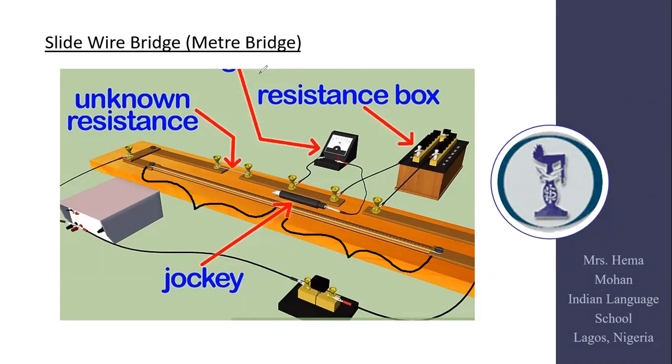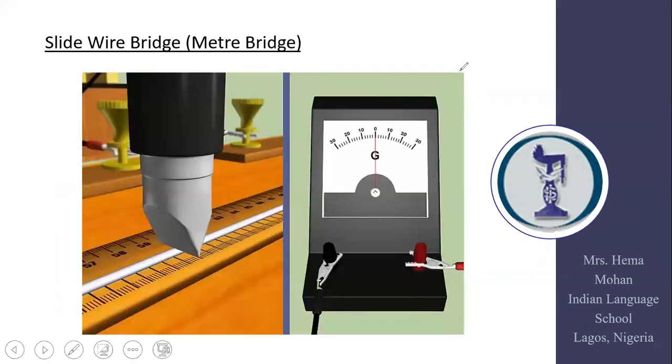So they behave like P and Q, while your R becomes your variable resistor, which is adjusted using your resistance box, and S becomes your unknown resistance, whose value you are going to measure using the meter bridge apparatus.